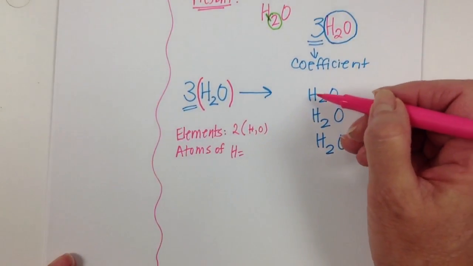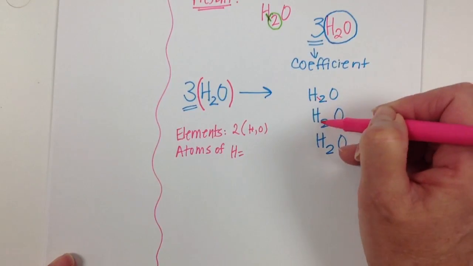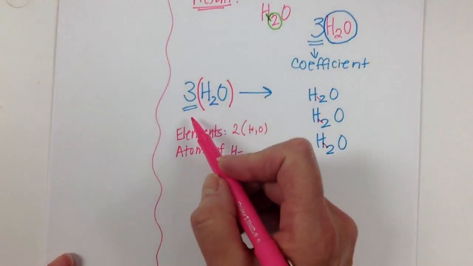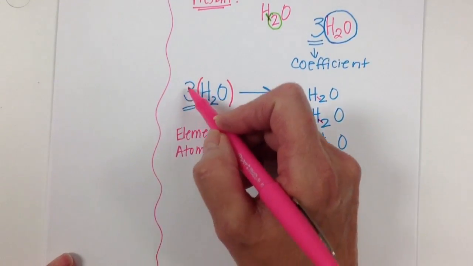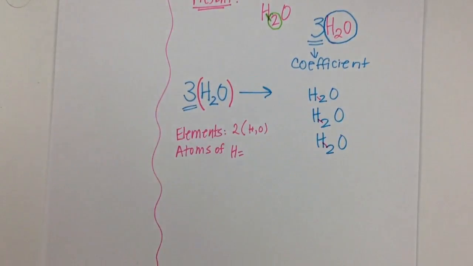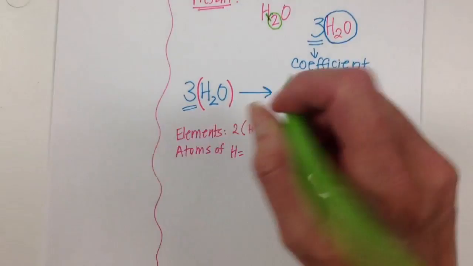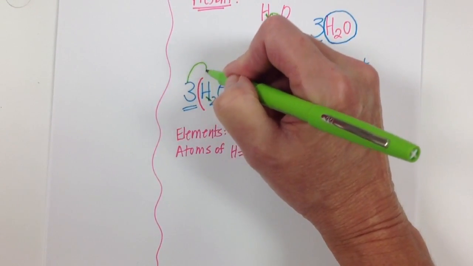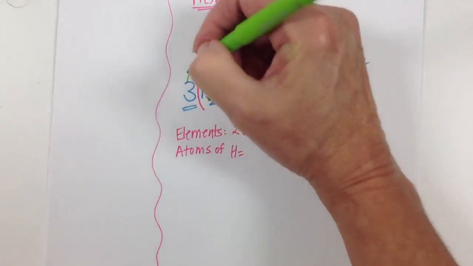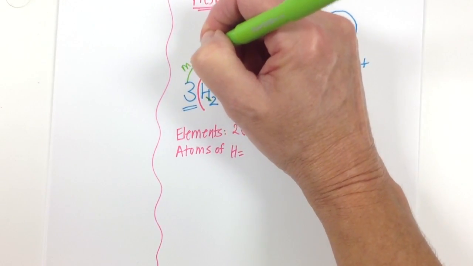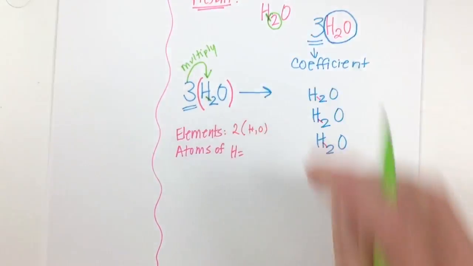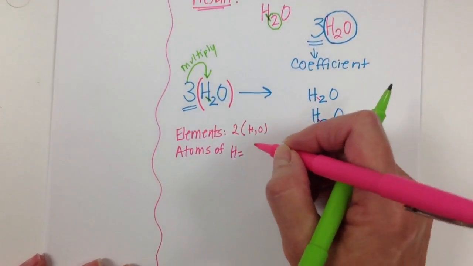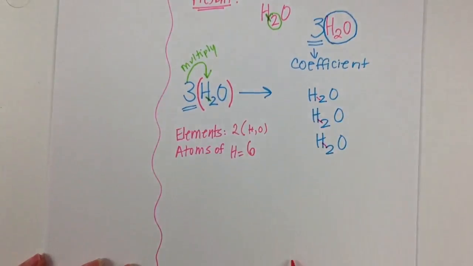Well, if I look over here, I can see 2, 4, 6. So I know I've got to come up with 6. We're going to take our coefficient and multiply it by whatever is present in the molecule. We have 2 hydrogen here, so we're going to say 3 times 2. 3 times 2 is, yeah, you got it, 6.